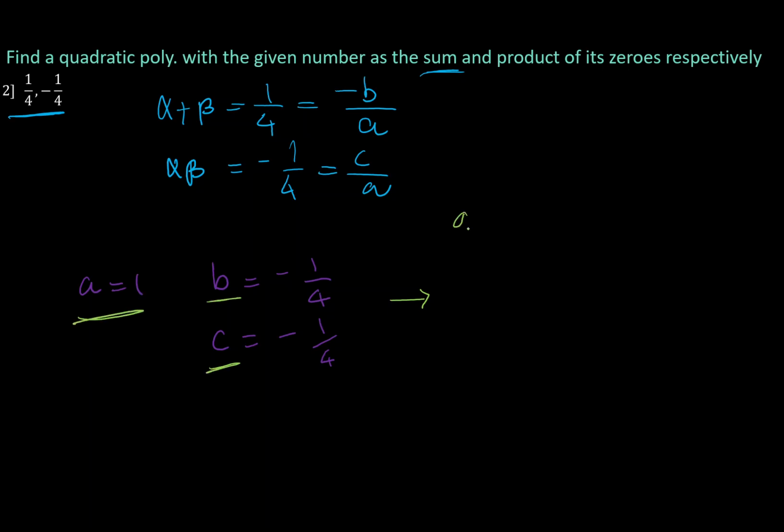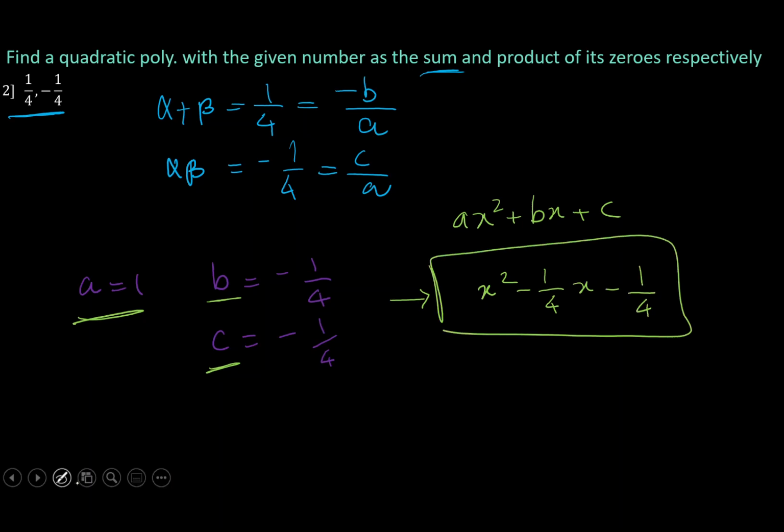We just need to put it in this ax square plus bx plus c. So a is 1, so that's x square. B is minus 1 by 4, so minus 1 by 4 x. C is minus 1 by 4, so minus 1 by 4. So that's going to be the equation we are looking for. And also we have to put it in a bracket with k over there.